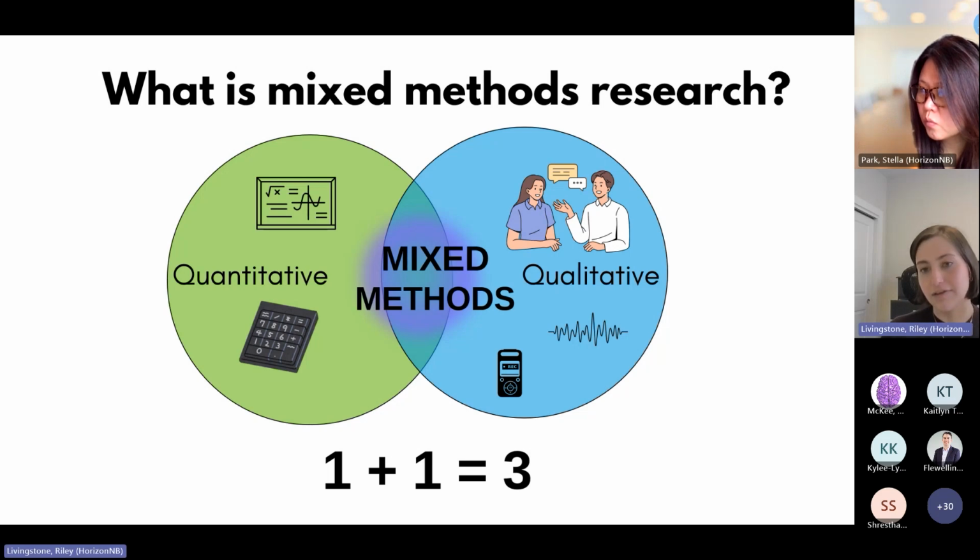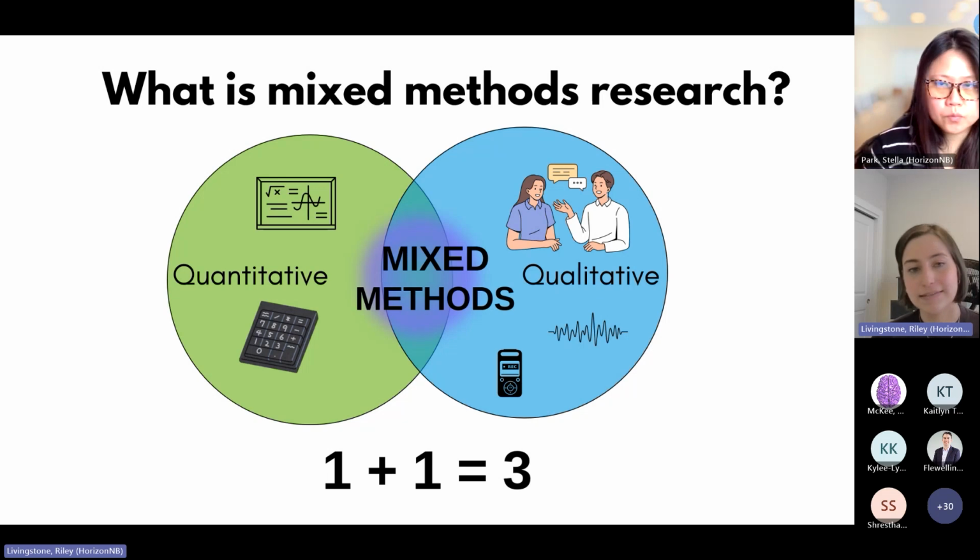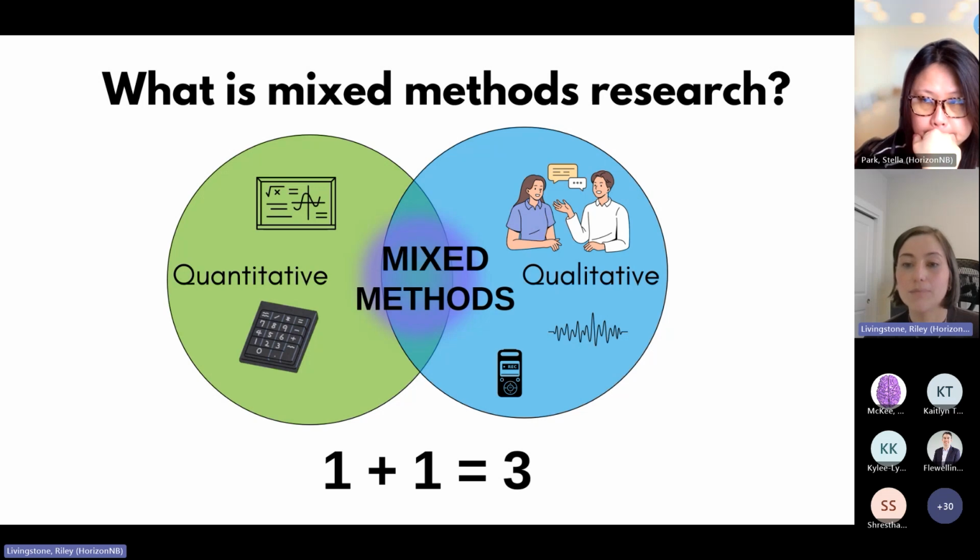Qualitative research, on the other hand, focuses on understanding human experiences and capturing context and nuance that may be overlooked in numerical data. Researchers use methods like interviews, focus groups, and observations to address questions about the why or how of specific phenomena.